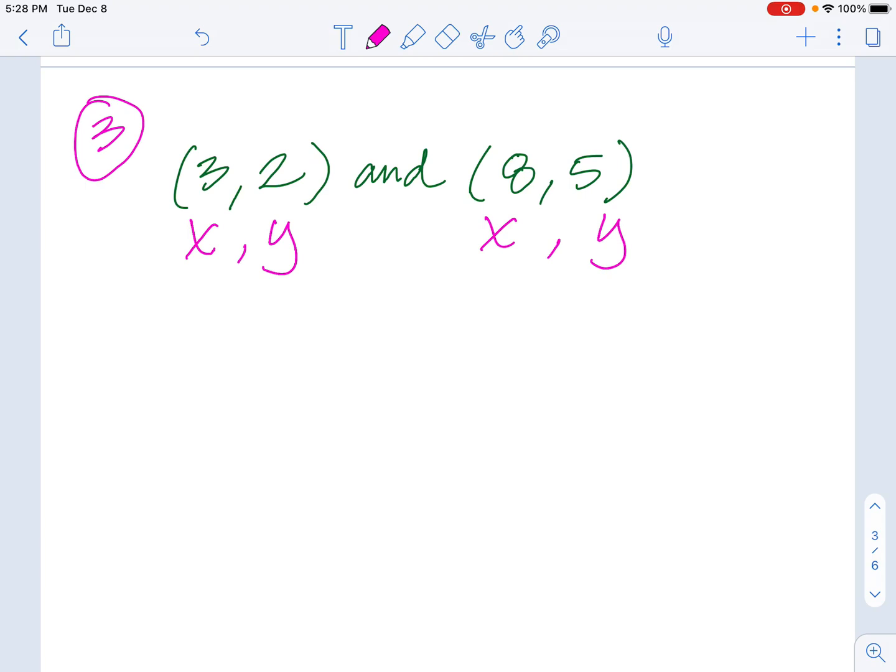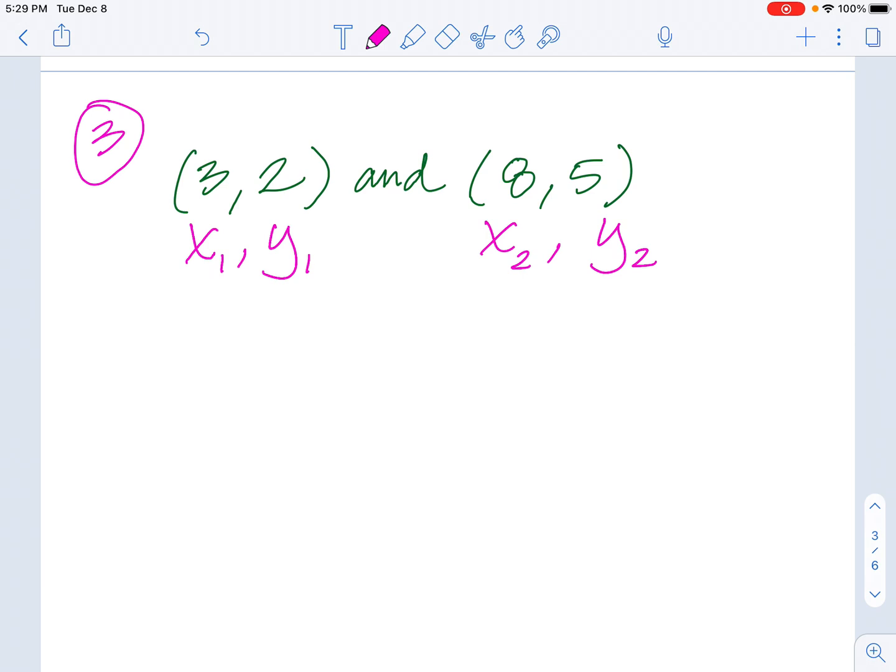But we need a way to tell them apart. So we'll call this one x1, and we'll call this one x2. This is called y1, and this one's called y2. And then we're going to find the difference between them. Here's where we need this thing called the slope formula.